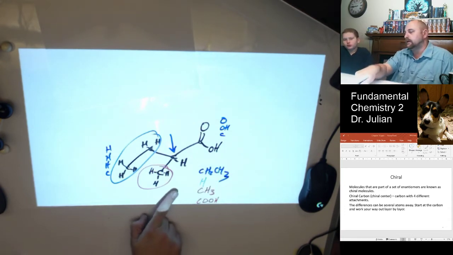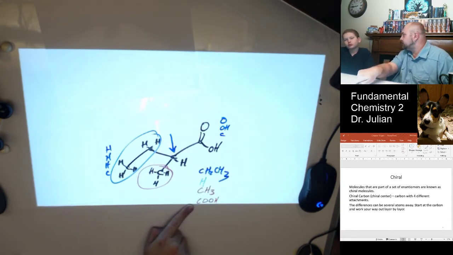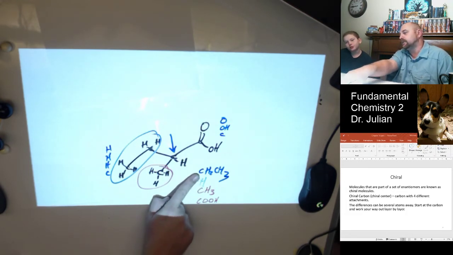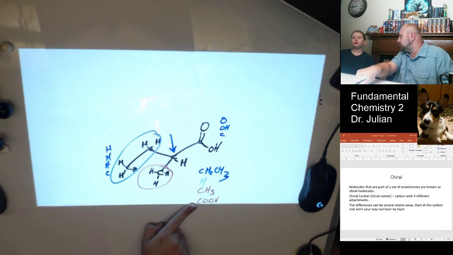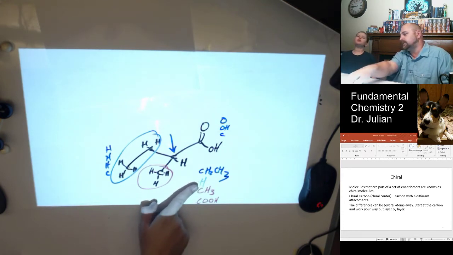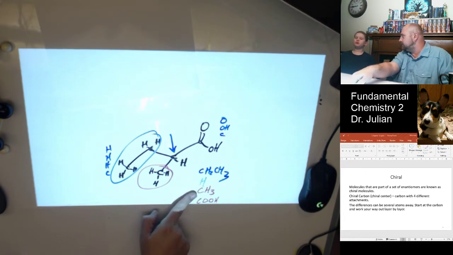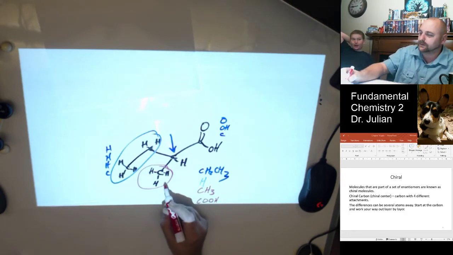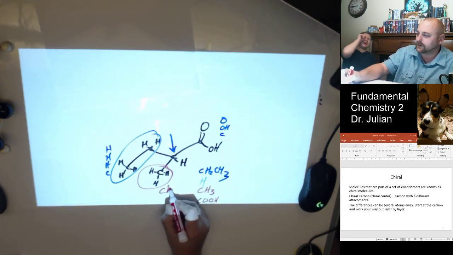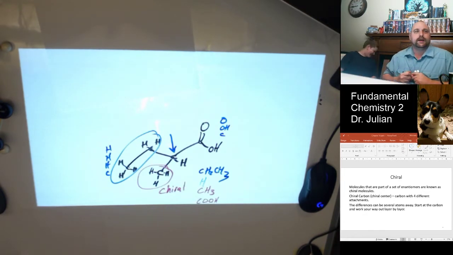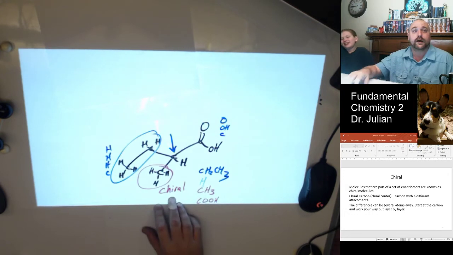Okay? So, does it have 4 different things? Those are 2 oxygens. Is this the same as any of those? No. Is that the same as any of those? No. So, does it have 4 different things? Yes. So what's it called? A chiral carbon. We also call it a chiral center.